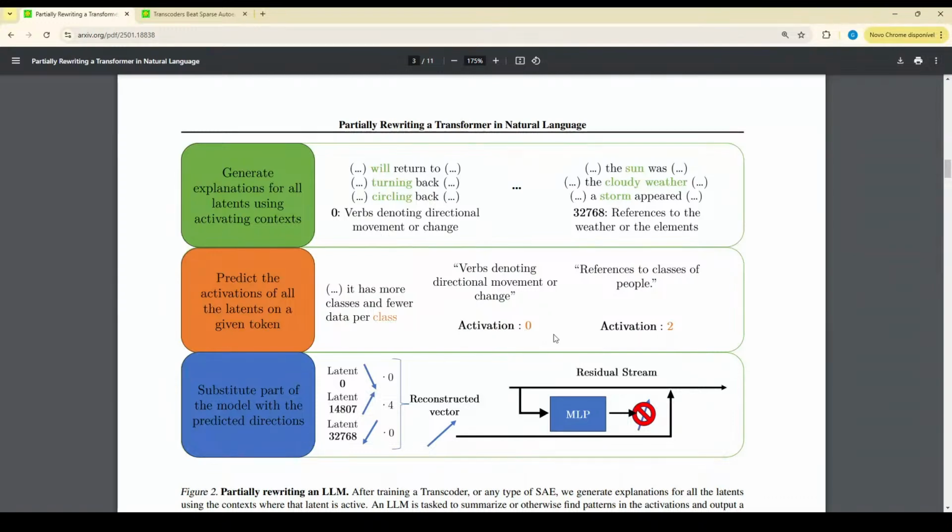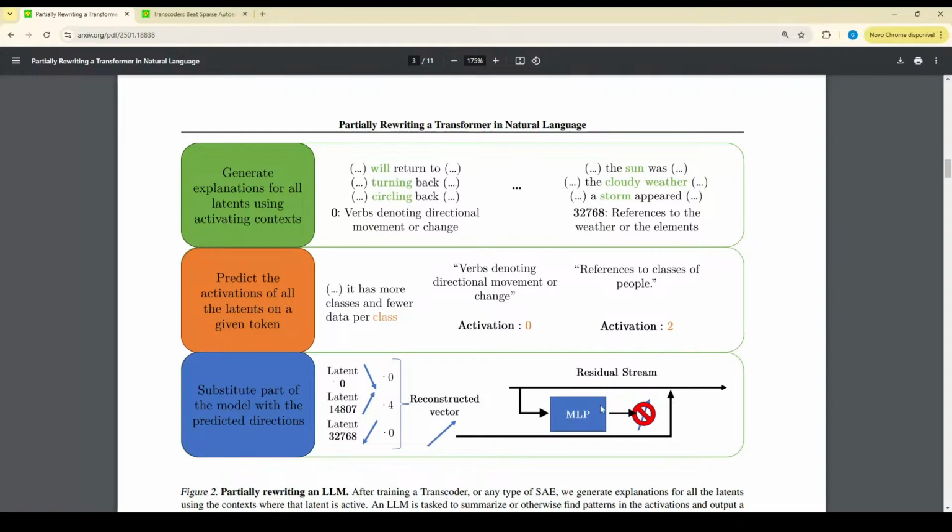Then you take all these activations that the model predicted. You once again do top k over this, so you get 32 activation numbers. And then you look at all your latents, the directions of the decoder, and you make a reconstructed vector, which you put back into the residual stream.